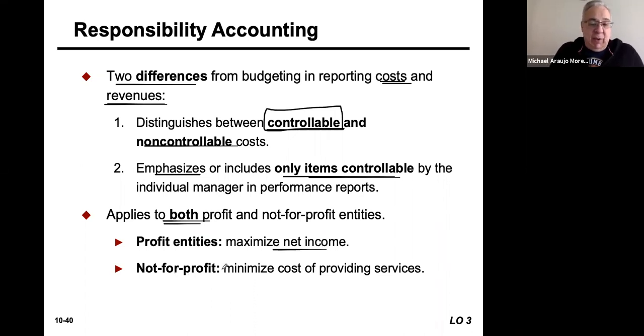In a not-for-profit, where they're not interested in profits but they still have to provide a lot of services, are they able to do that efficiently? Are they able to minimize the cost to the point where they're serving a lot of people, but at a minimum cost to the organization? Because that is also something that can be controlled. Okay.